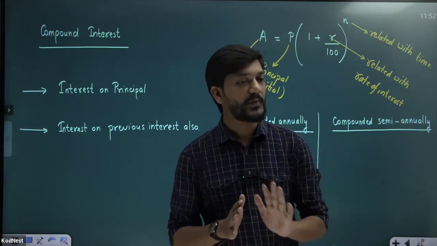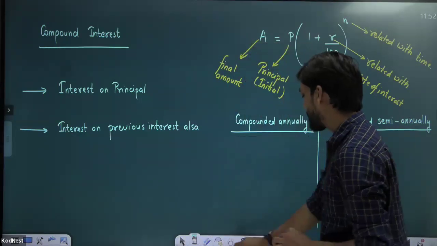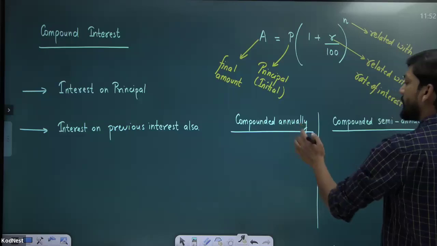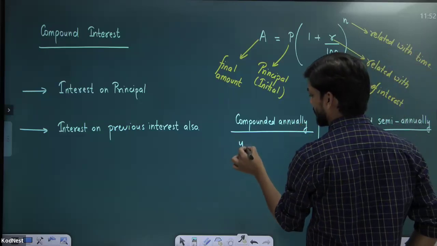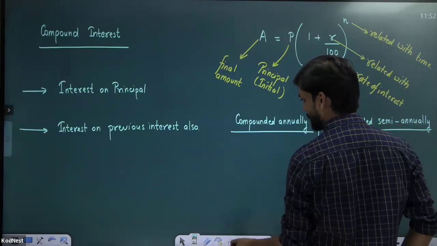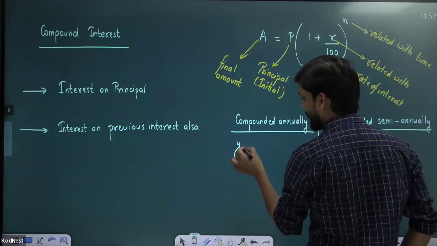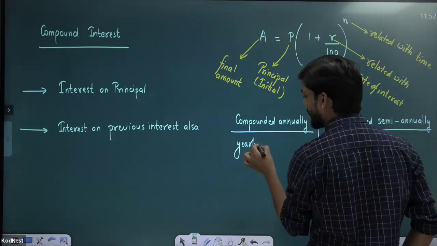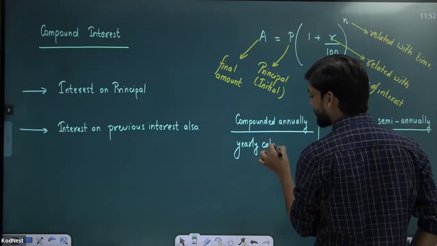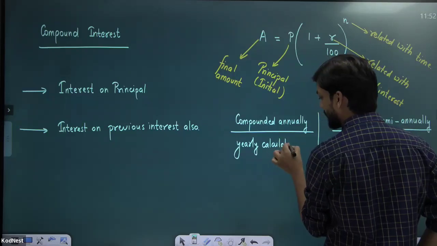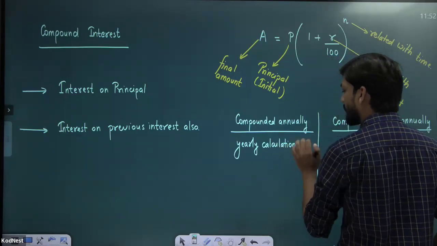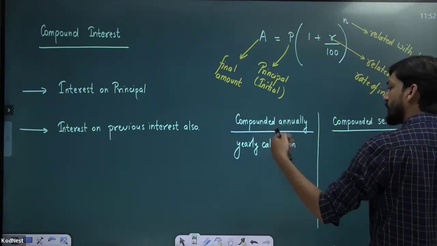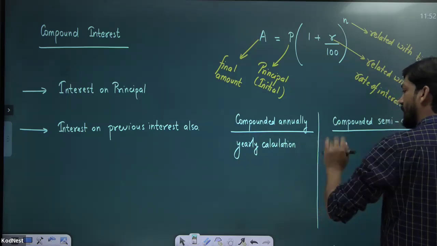Okay, what is the meaning of this? Understand, very simple. Annually means yearly calculation. The calculation will be done every year, first year, second year, third year, like that.